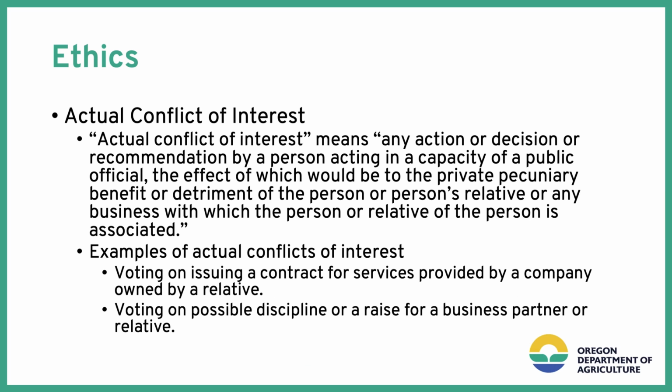And so if you are going to discuss raises or disciplinary action, performance evaluations, even probably voting for the budget if that budget has a pay raise or an increase in benefits in it, that would be a conflict of interest, and therefore that family member or relative would need to declare an actual conflict of interest and refrain from the discussion and voting. So those are some examples of actual conflict of interest.